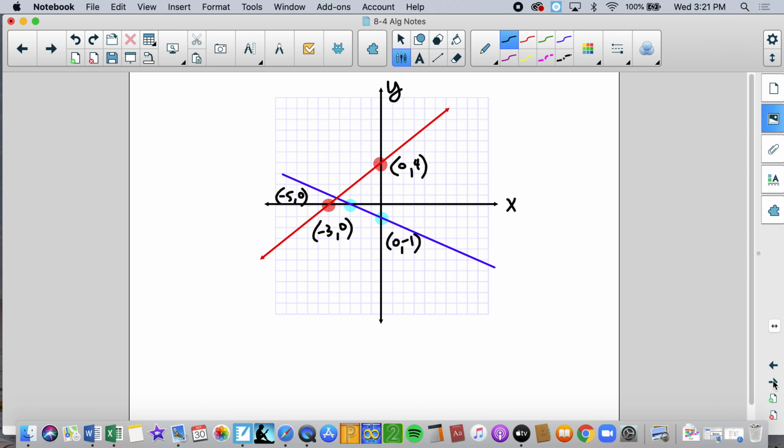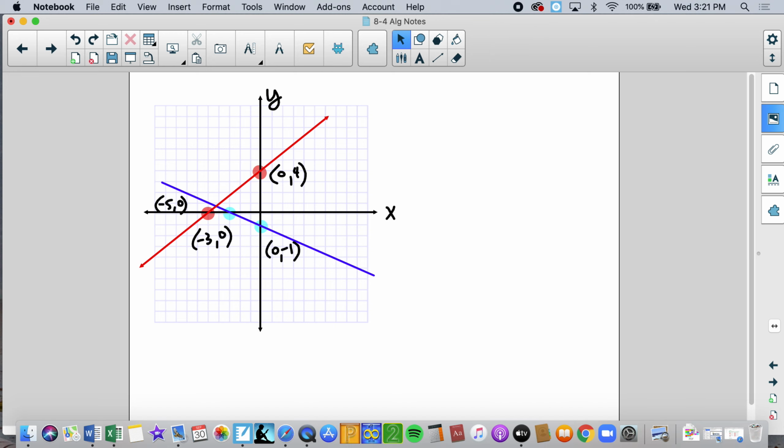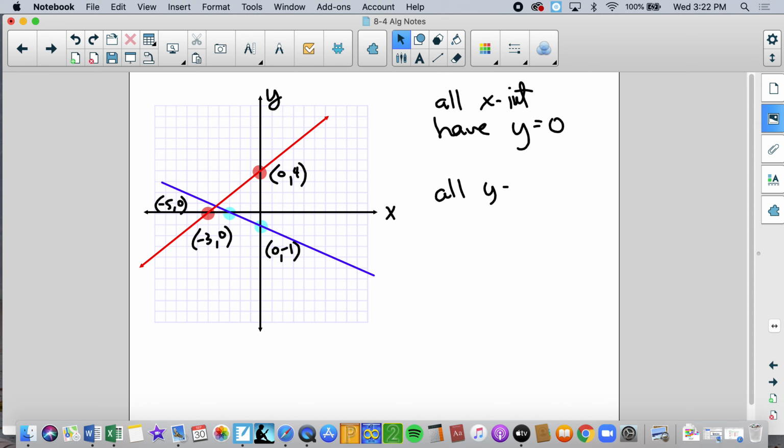Well, where can I put that info? Let's do this. Let's move you over. All x-intercepts have y equals 0. All y-intercepts have x equals 0.